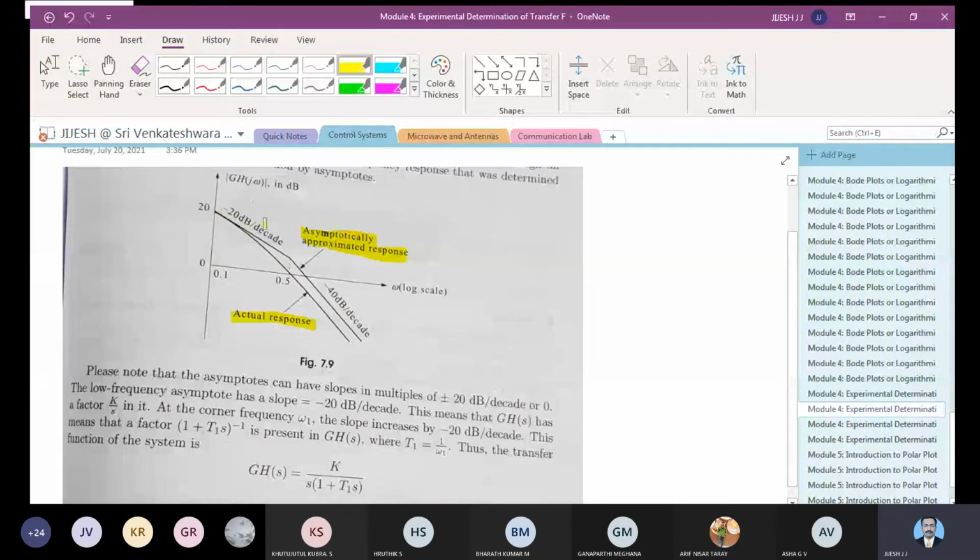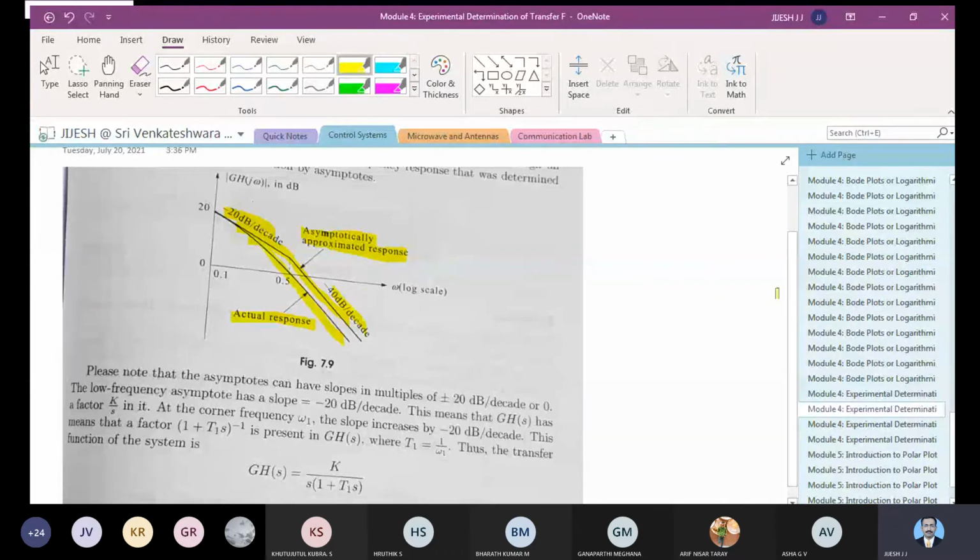So you take minus 20 dB per decade or minus 40 dB per decade, and you plot this. But when you really operate the system in the real time scenario, the response might vary slightly, so it will be in this form.